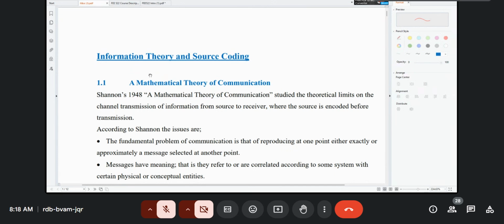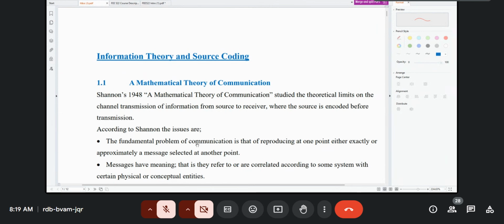I saw you have covered it in your course: the process from sampling, quantization, and then eventually coding.